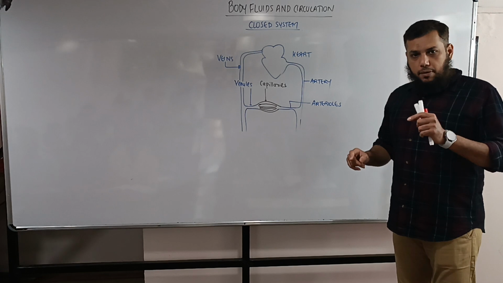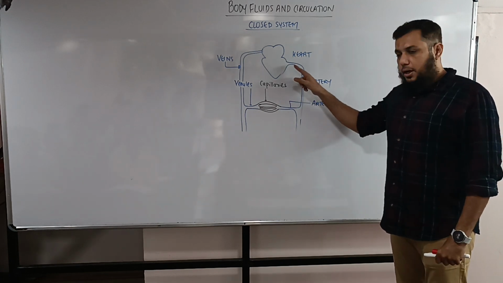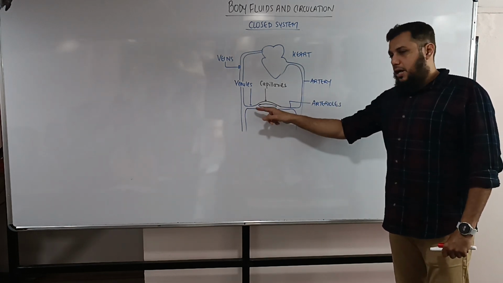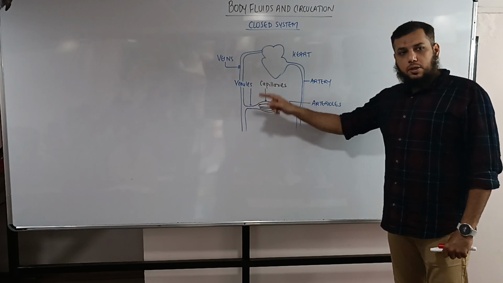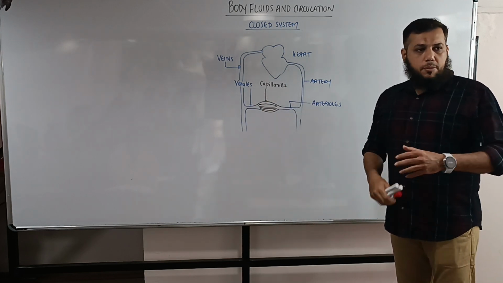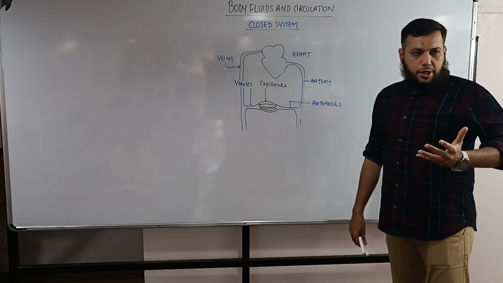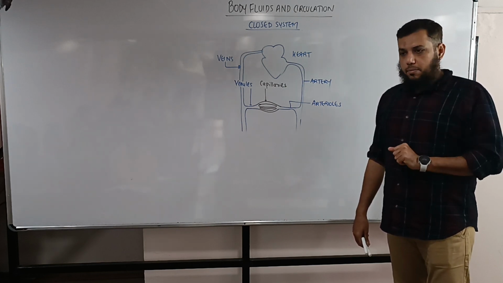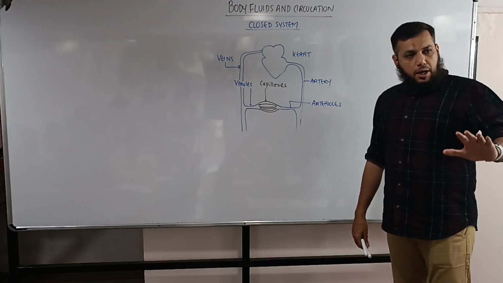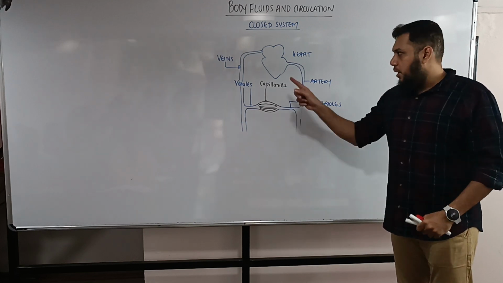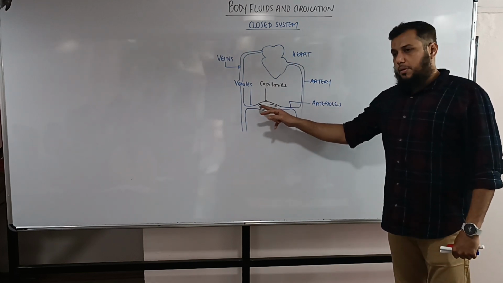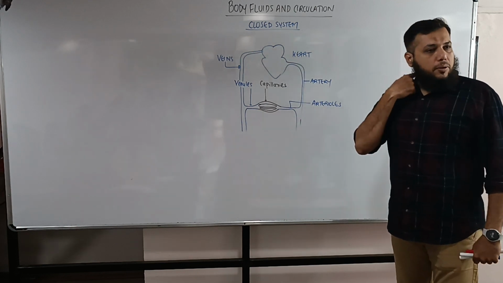It's a blood vessel that carries the blood away from the heart, and a vein is a blood vessel that carries the blood towards the heart. Usually हम लोग बचपन में बोलते हैं arteries carry oxygenated blood, veins carry deoxygenated blood. तो इसको definition में लेते हैं, ऐसा नहीं लेना है. हम definition में क्या लेंगे? Artery is a blood vessel that carries the blood away from the heart. Vein is the blood vessel that carries the blood towards the heart.